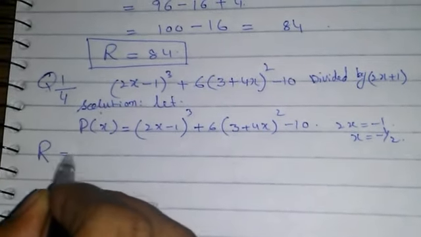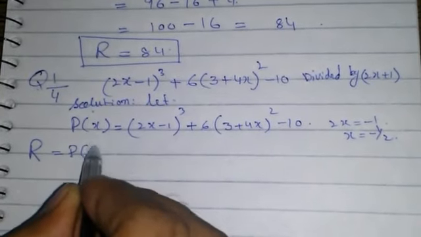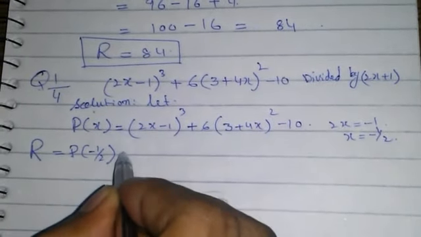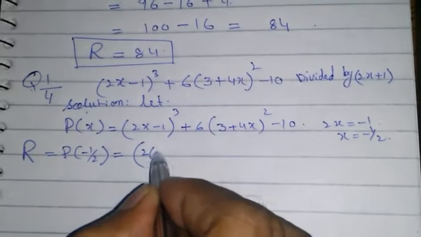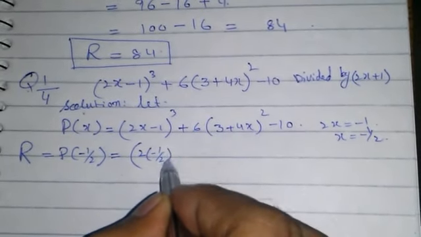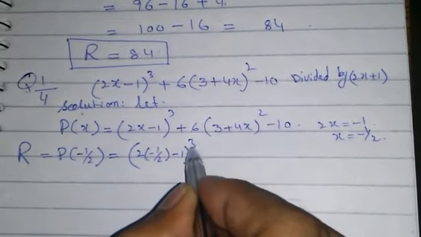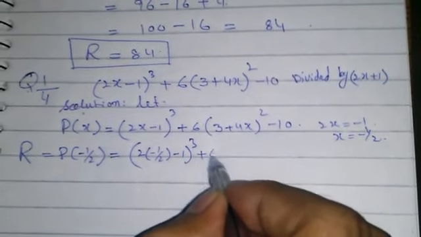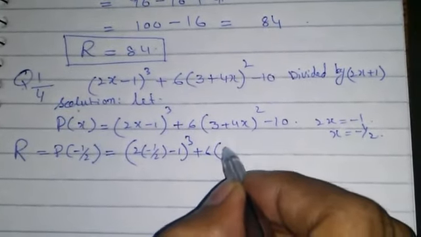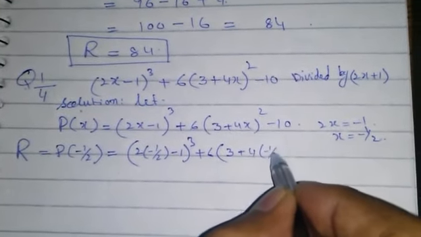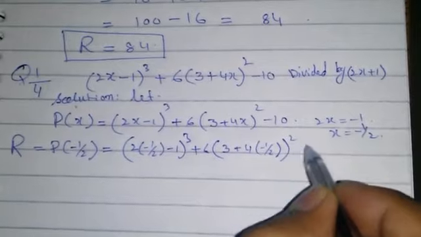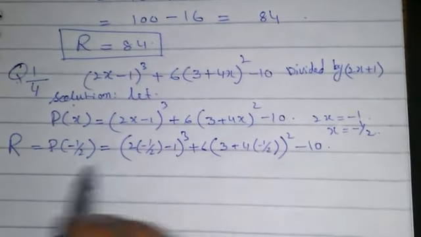Remainder r is equal to p of minus 1 over 2, which is equal to 2 into minus 1 over 2 minus 1 cube plus 6 into 3 plus 4 into minus 1 over 2 square minus 10.